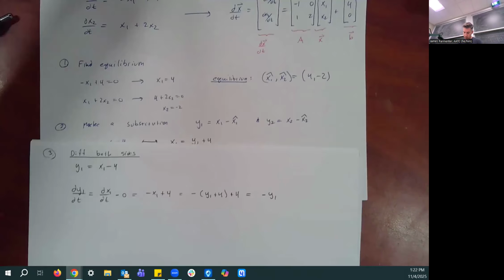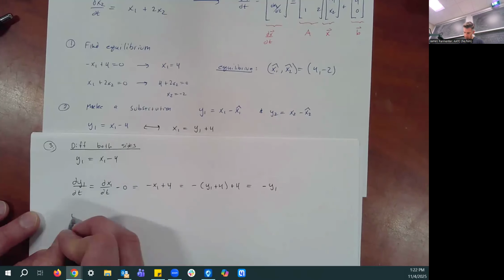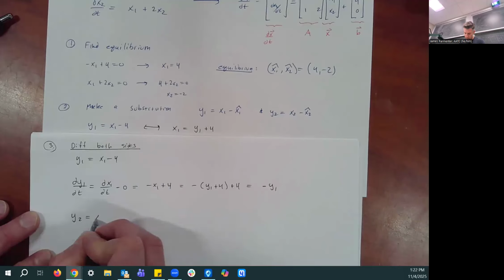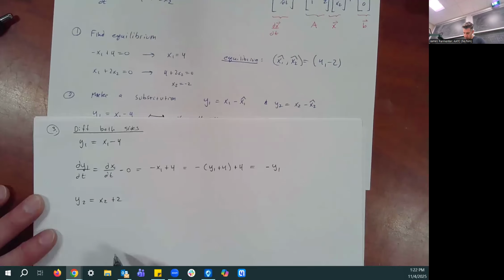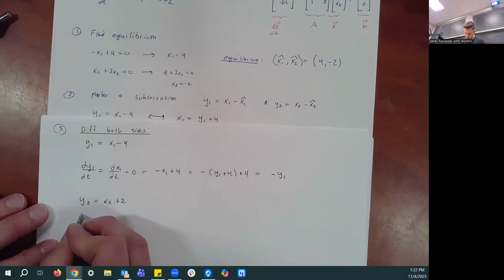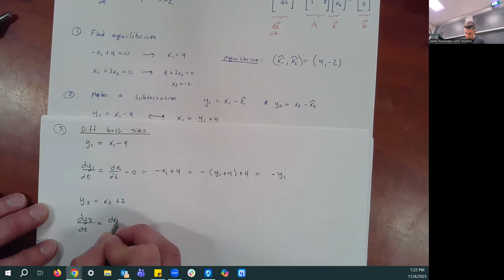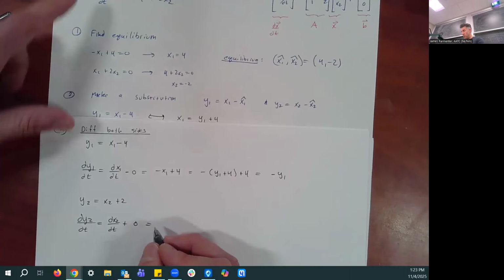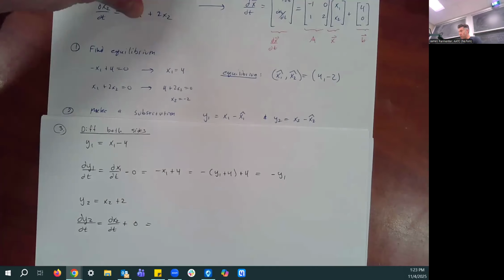Similarly, if we look at y2 equal to x2 plus 2 and differentiate both sides, we get dy2/dt equal to dx2/dt plus the derivative of 2, which is 0. Looking at my original equation, dx2/dt is x1 plus 2x2.